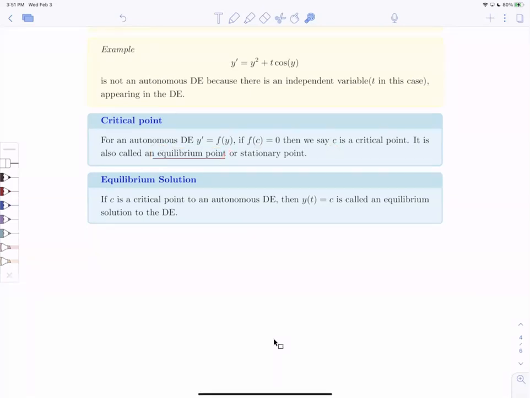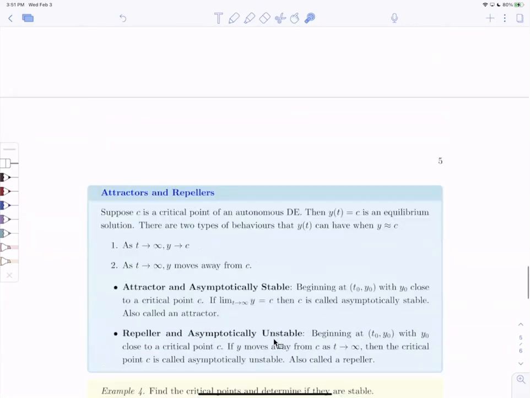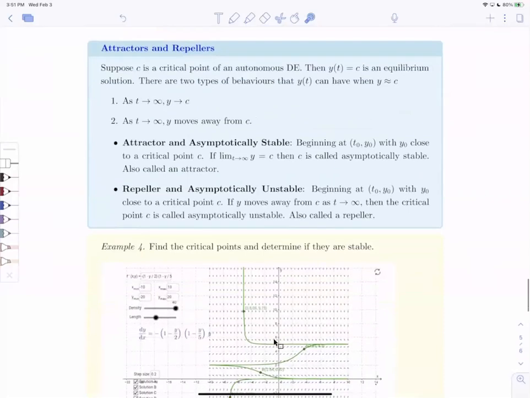So you just need to let this equal 0 and calculate what your y is. If c is an equilibrium point of the autonomous differential equation, then y of t equals c is called an equilibrium solution to the differential equation.